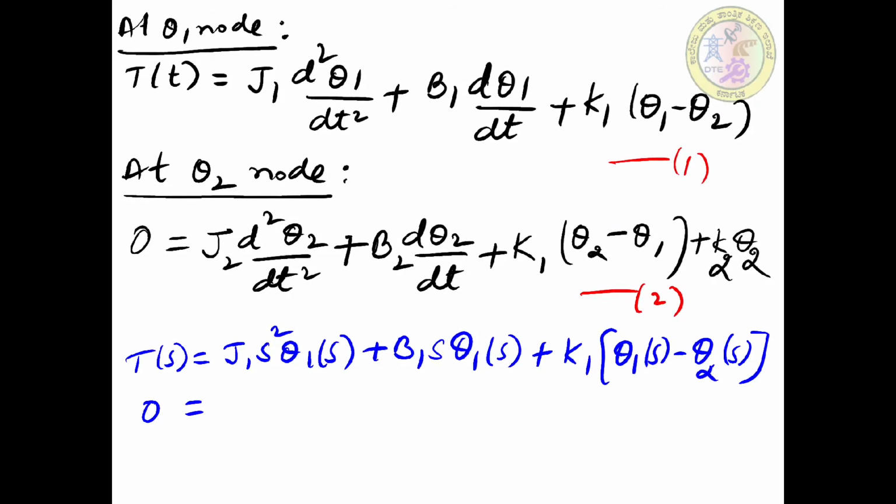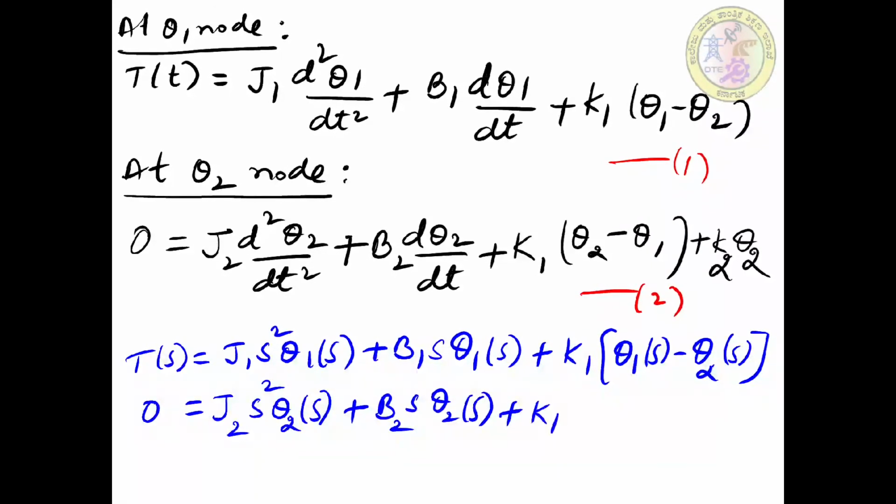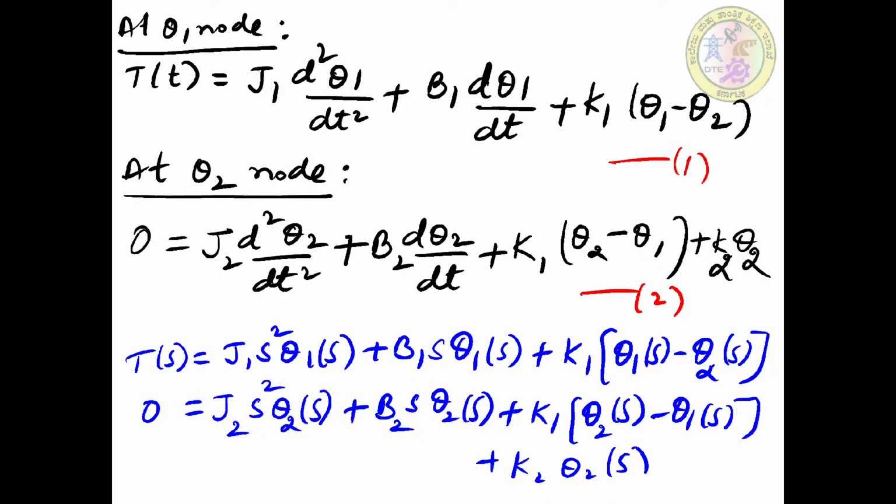Next, for the second equation also, we will write here itself J2 s squared theta 2 of s plus b2 s into theta 2 of s plus k1 into theta 2 minus theta 1 of s, plus one more k2 into theta 2 of s. Okay, so you can consider these as equations 3 and 4, take this as equation 3, and this is the fourth one.